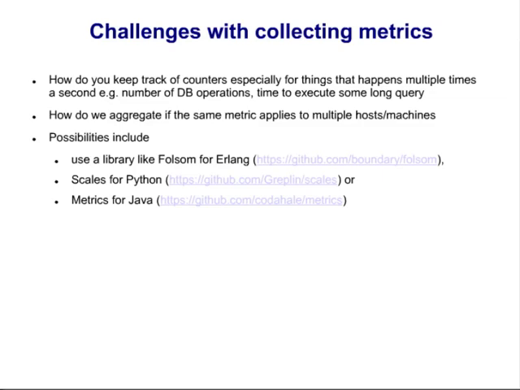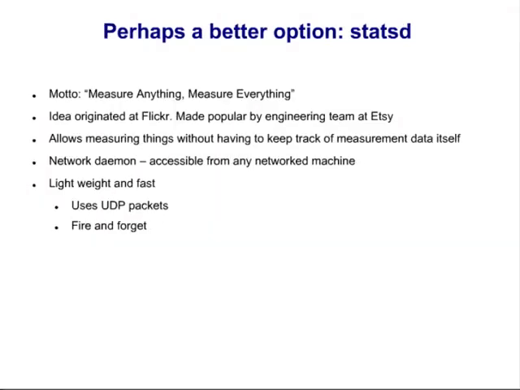However, one thing that I've very recently found very useful is to use StatsD, which came out of Etsy, and which allows you to measure things without actually keeping track of the measurement itself.